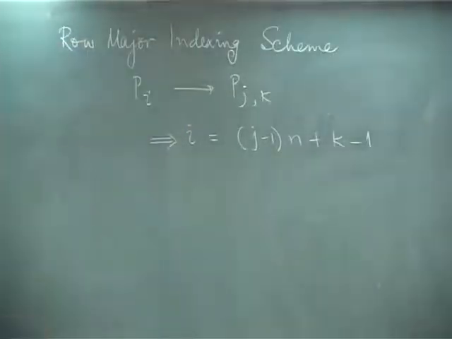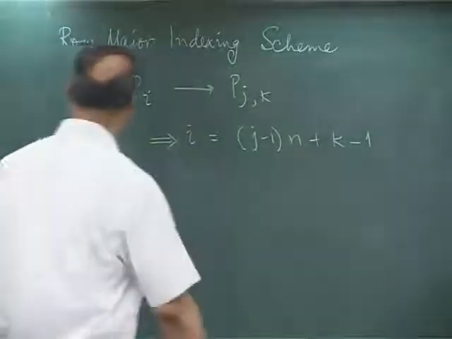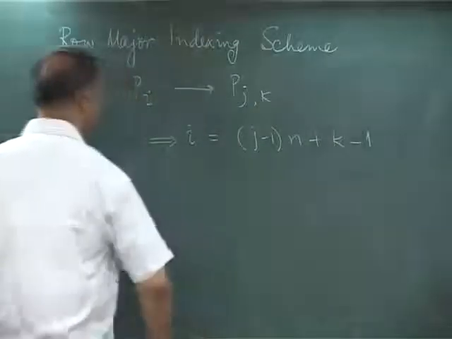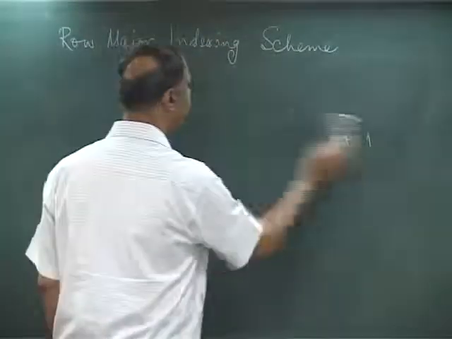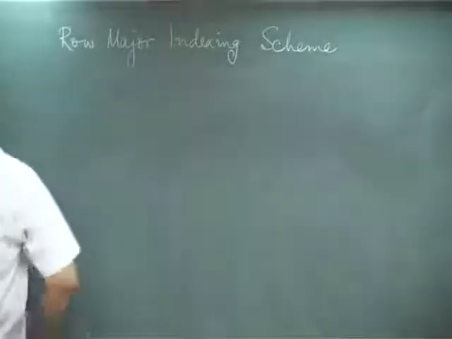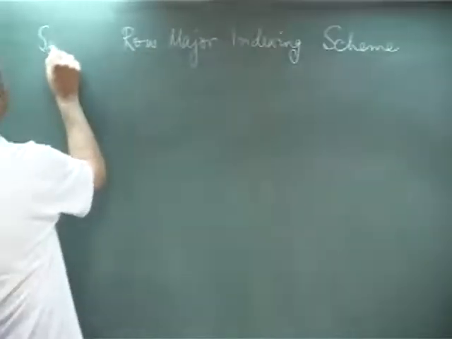Similarly, we can have the numbering scheme as a column major indexing scheme. There is another indexing scheme we can define, which is known as snake-like row major indexing scheme.